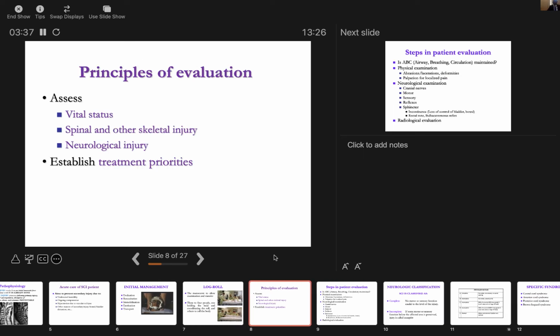Principles of evaluation is to assess first vital status like arterial tension and breathing, and spinal and other skeletal injuries should be detected. Neurological injury should be documented, and we need to establish a treatment priority.